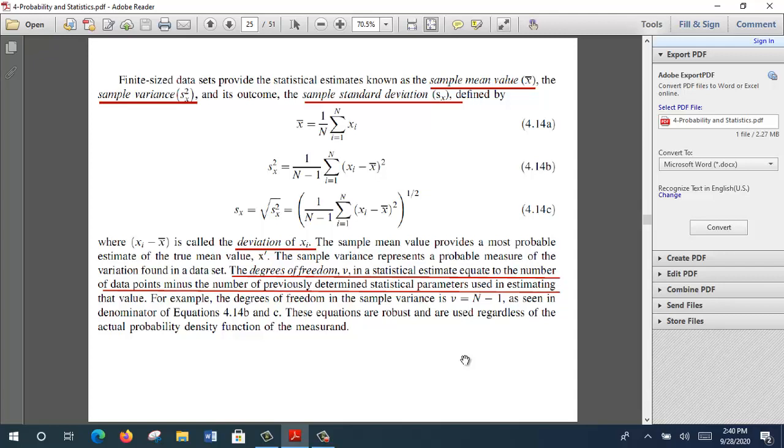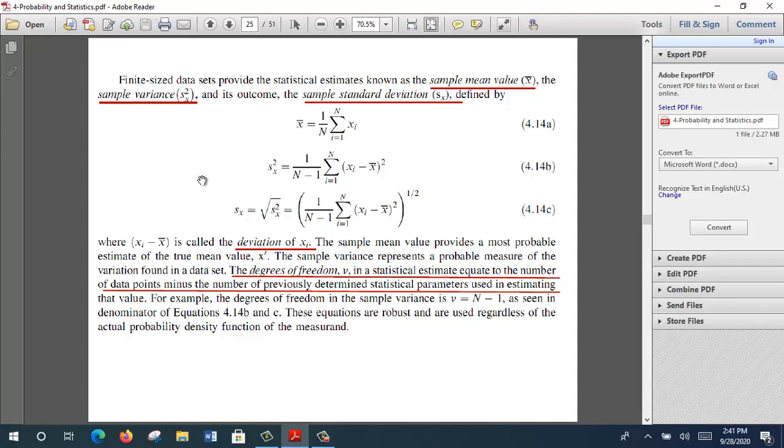The finite size data set provides the statistical estimates known as the sample mean value x bar, the sample variance Sx squared, and the sample standard deviation Sx, defined as follows. If you have finite size data, you need to calculate the mean value, the variance of the data, and of course the square root of the variance gives you the standard deviation.